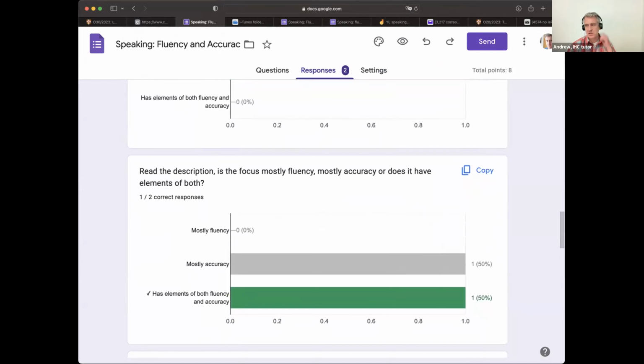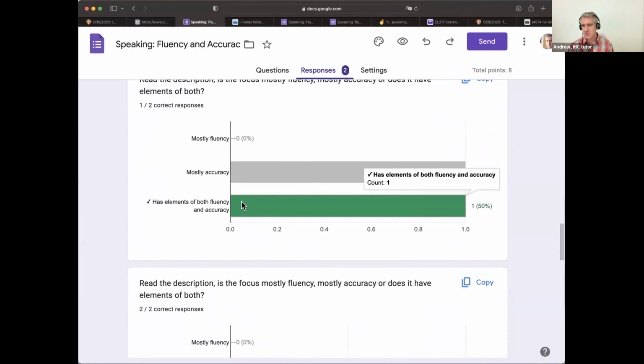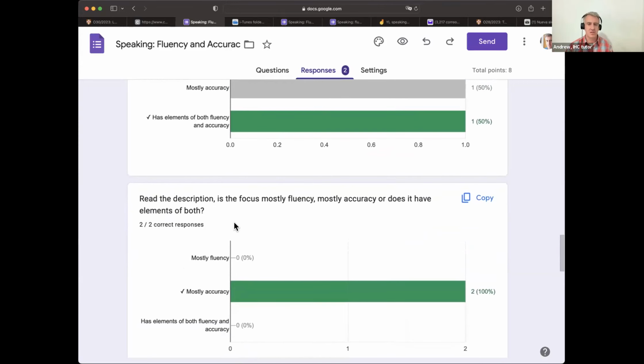It also depends on how improvised the dramatization is. If it's more scripted, then it's going to be more accuracy. If it's more improvised, students are making it up as they go along, well, that would be more fluency.